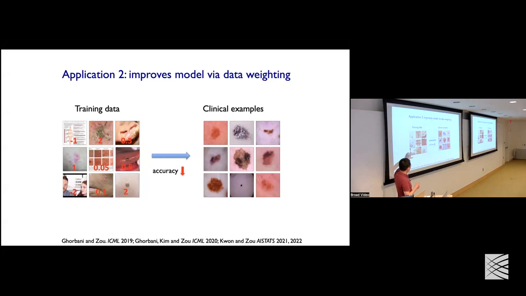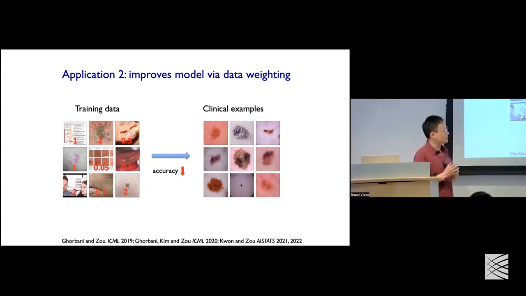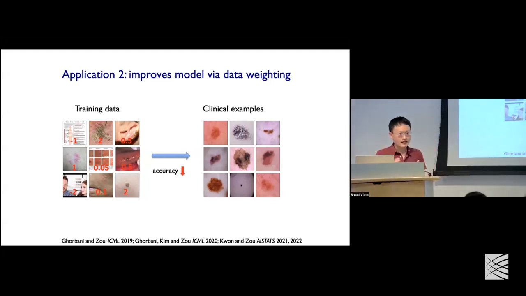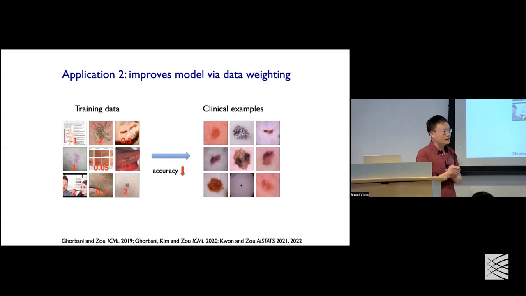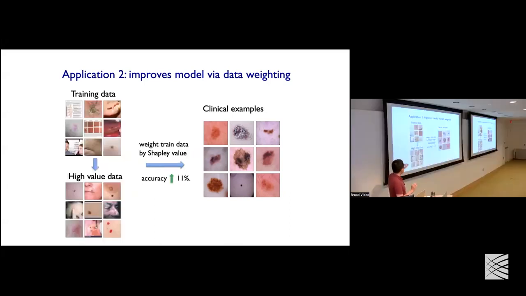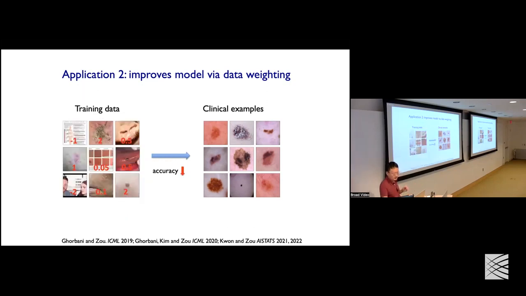Because the model is trained on this heterogeneous data, its performance on the actual patients has this drop-off. So a very natural thing, once we have these scores, is to retrain the model, but weight the data points by their Shapley scores.